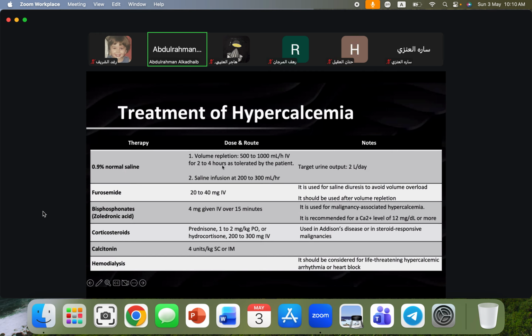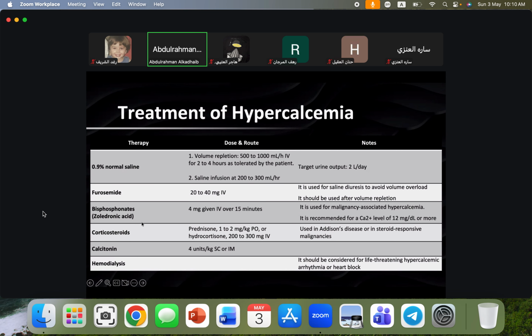So furosemide is not used to treat hypercalcemia, it's used just to avoid volume overload. Then we choose one of the next 3 medications: bisphosphonate, corticosteroid, or calcitonin.